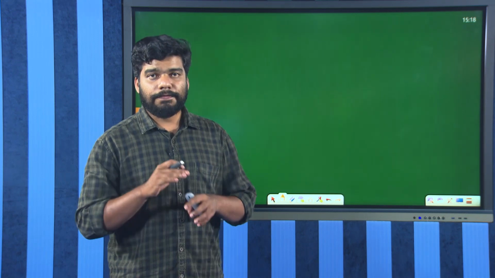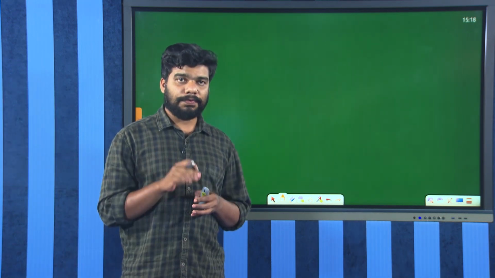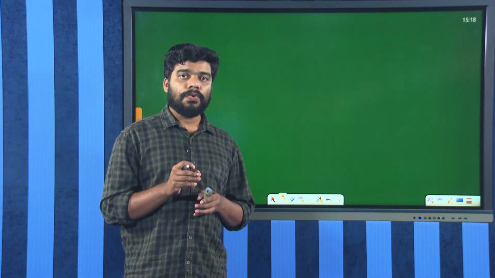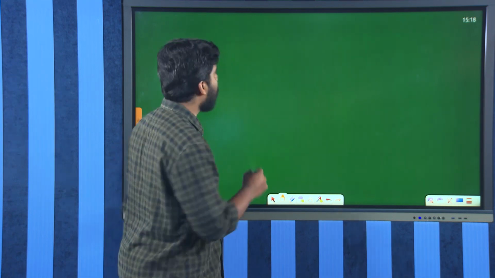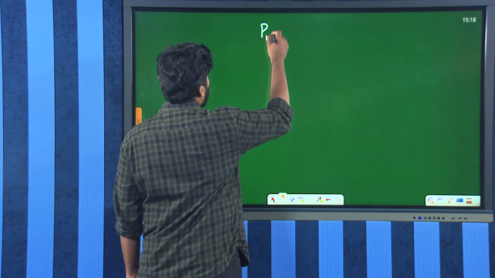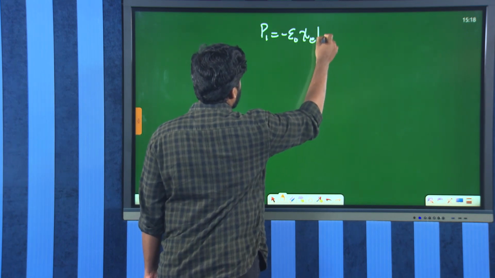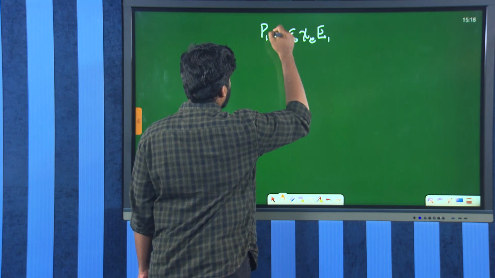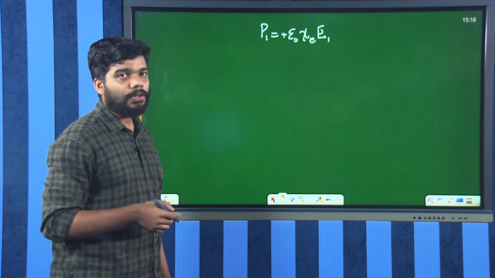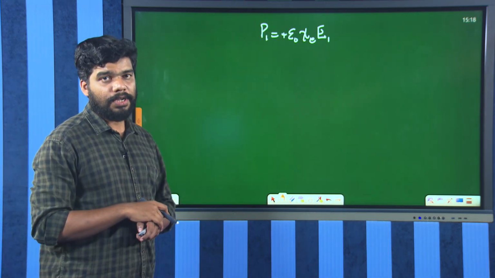Thus, E1 further polarizes the dielectric sphere and now the polarization is given by P1 is equal to epsilon 0 chi e into E1.